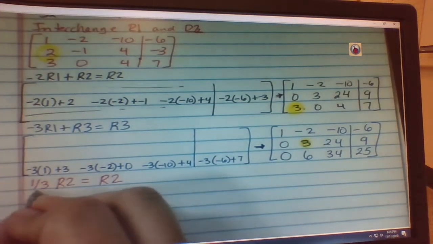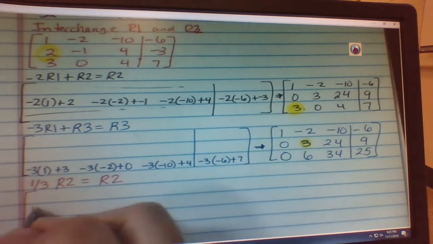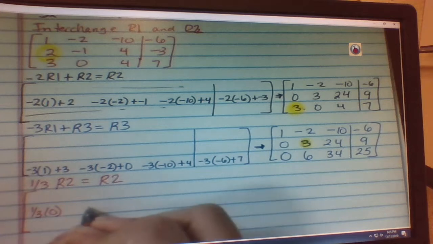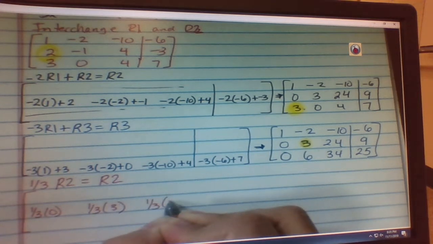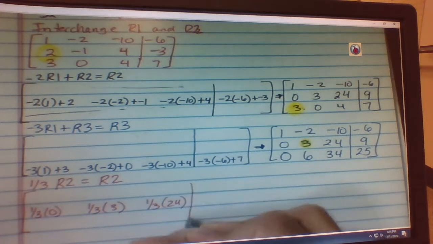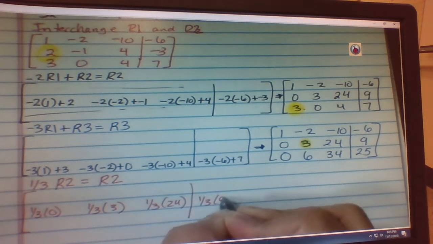So only row 2 changes. 1/3 times 0, 1/3 times 3, 1/3 times 24, and a 1/3 times 9.